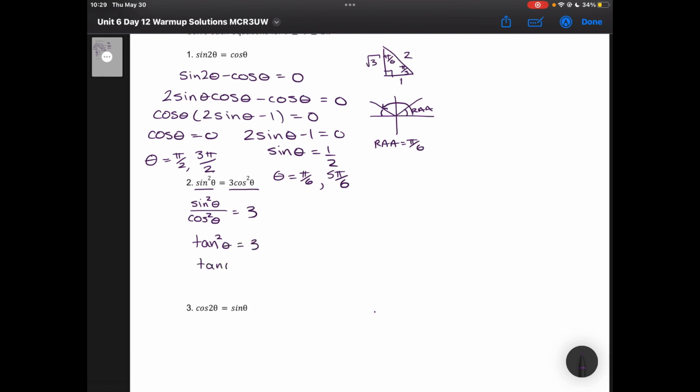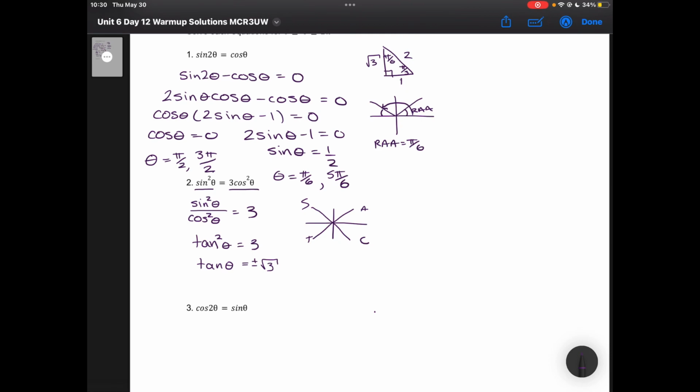And then I can take the square root of both sides, and I get tan theta is plus or minus root 3, which actually goes along with the same special triangle that I had up here. So I've got tan is positive or negative, so that means that I've got the two solutions that are positive from the positive square root, but then I've also got the two solutions that are negative.